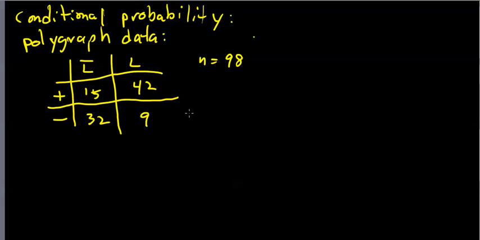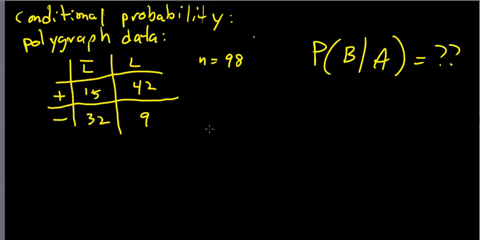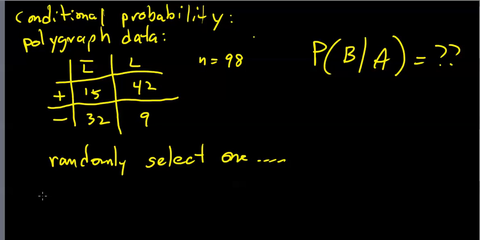Right? So let's consider how to satisfy questions of this type. Let's say I was to ask you, find the probability, or if we randomly select one, let's not forget that. We kind of overlook that assumption many times when we probably shouldn't. I'm going to say we randomly select one of these 98 subjects.